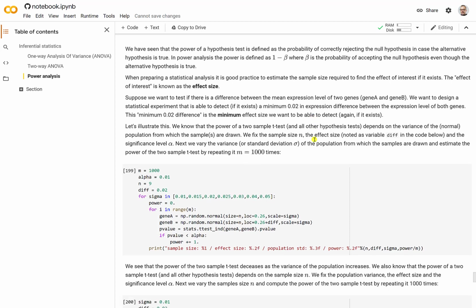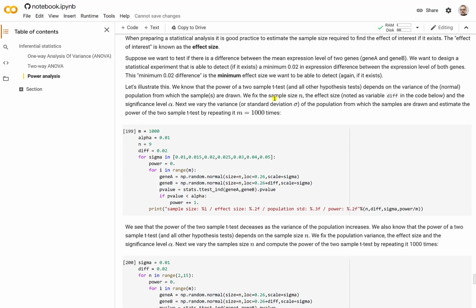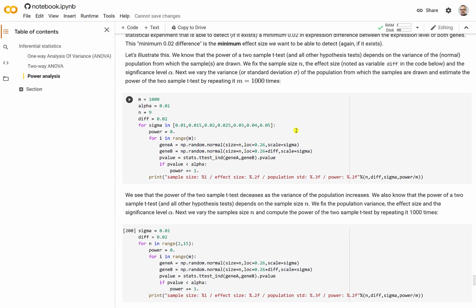We have already seen that the power of the two-sample t-test is of course influenced by the variance of the populations from which the samples were drawn. We did this experiment, and I'm repeating it shortly here.